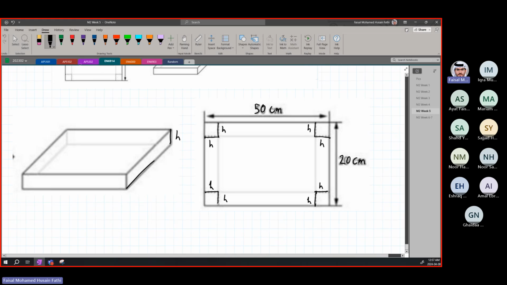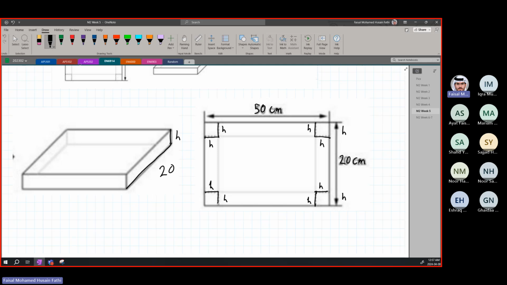And then the length and the width, which is going to be what? It's not going to be 20. It's going to be 20 minus... We are cutting h from this side and we're cutting h from that side. So it's going to be 20 minus 2h. And this side is going to be 50. Same idea. We are cutting h from here and we are going to cut h from here. So it is going to be 50 minus 2h.